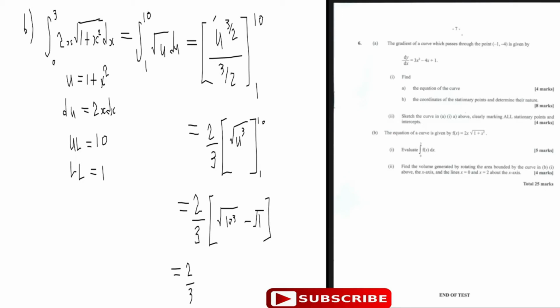I was trying to write this as a pretty answer, but it's not coming to me, so I'll just leave it exact. It's 2 over 3 times the square root of 1000 minus 1. I wanted to write it prettier, but it's not coming to me right now.